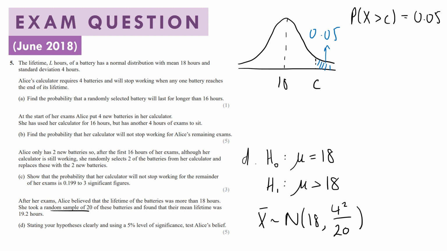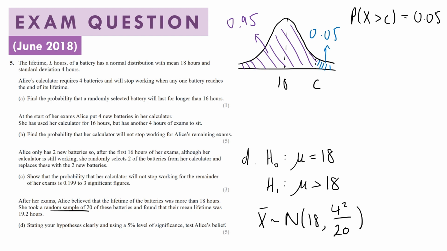And we can do this using the inverse normal function on your calculator, but the inverse normal only finds areas to the left of a value, and the area to the left of this value C is going to be 1 minus 0.05, which gives us 0.95.